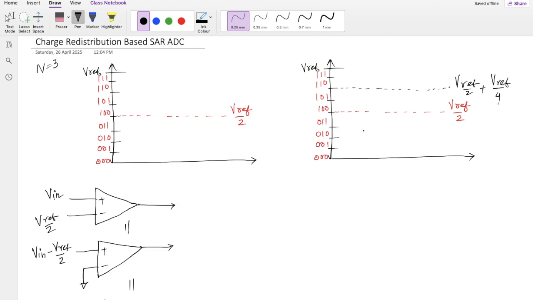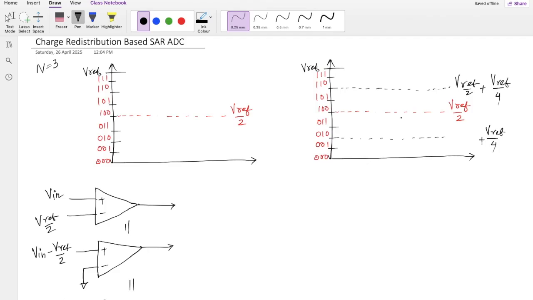Whereas if it is 0, we went to this value, which is VREF by 2 minus VREF by 4. But this one I can write directly as VREF by 4, because VREF by 2 minus VREF by 4 is VREF by 4 only.